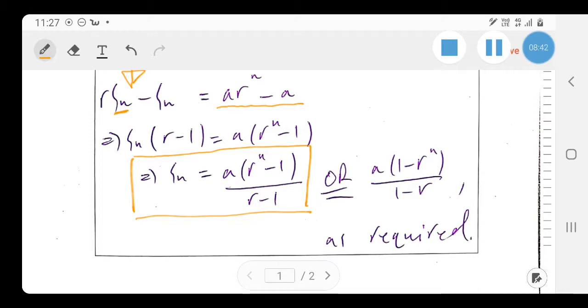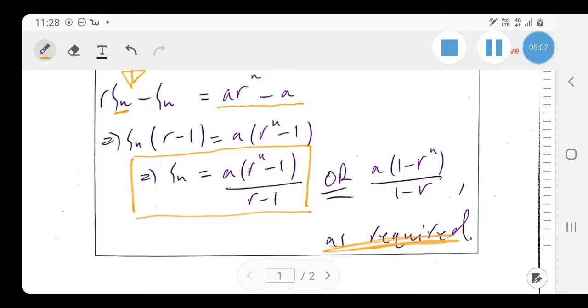So you can find the sum of the first n terms of any geometric sequence, so long as you have the number of terms that you want to sum to, so n, and the first value, A, and the common ratio, R, as required.